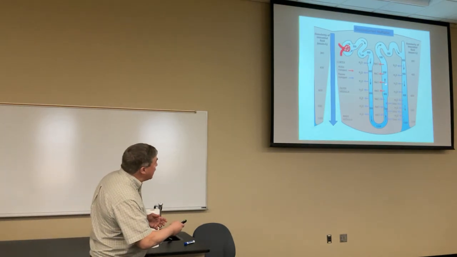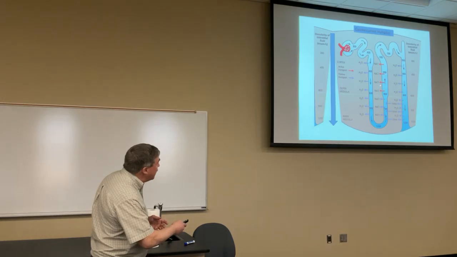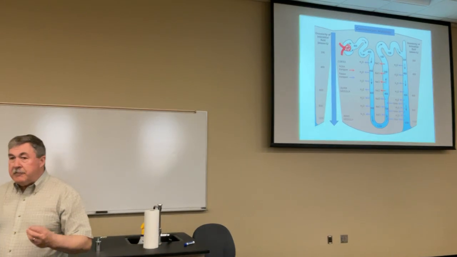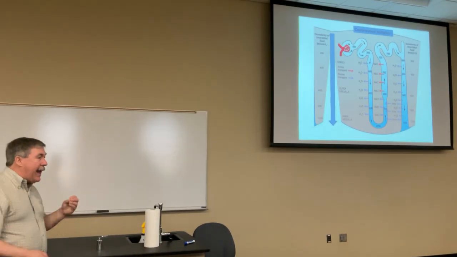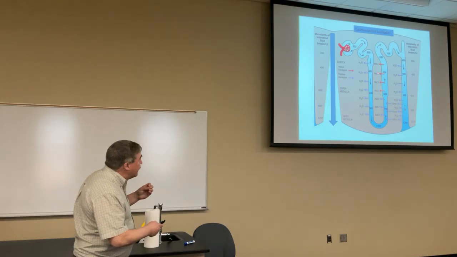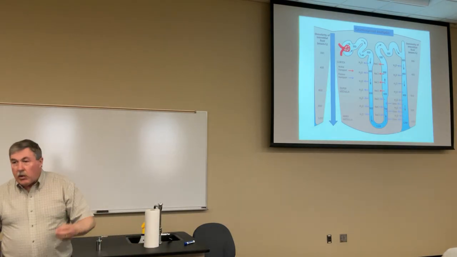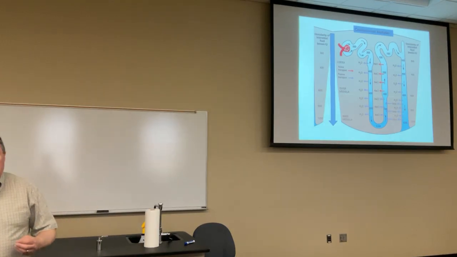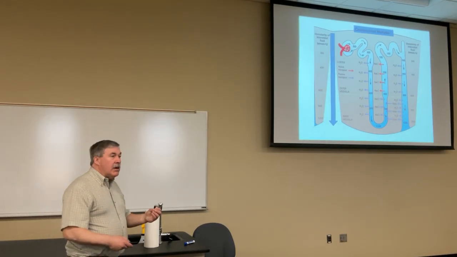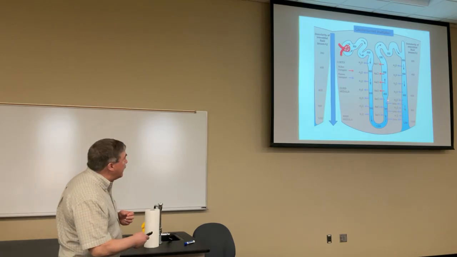Then as the filtrate gets up into the thick ascending limb, there are primary active transport proteins that co-transport sodium, chloride, and potassium all at the same time. This is active transport, so it requires energy in the form of ATP.